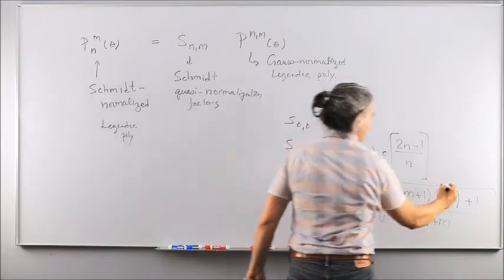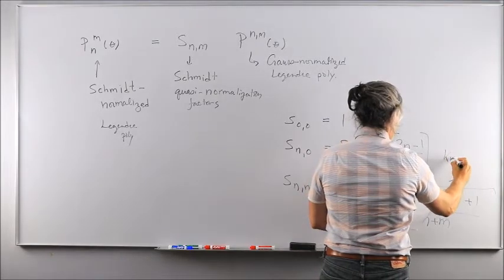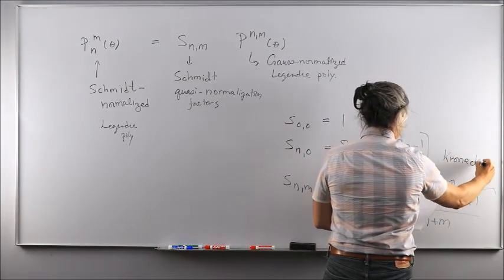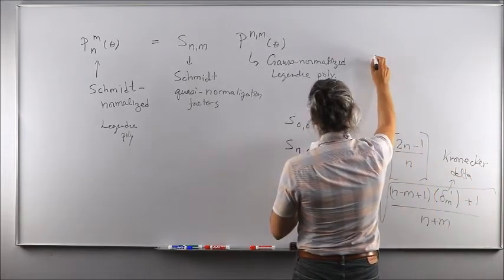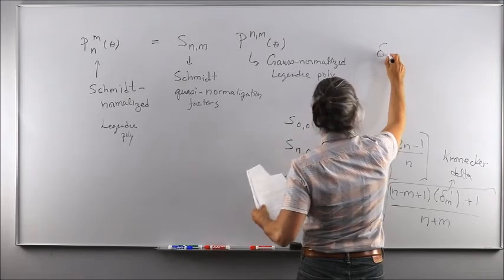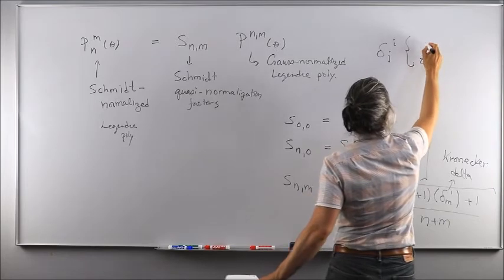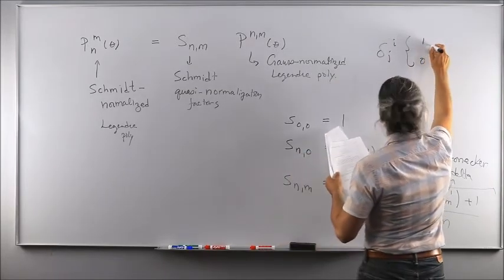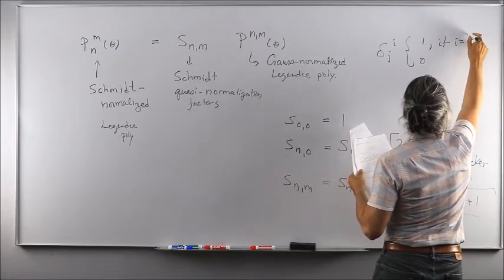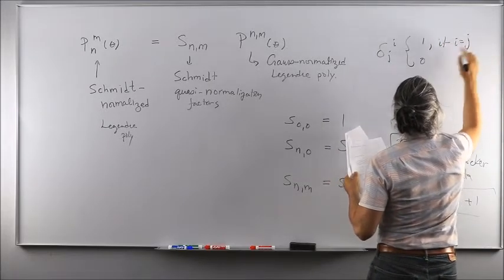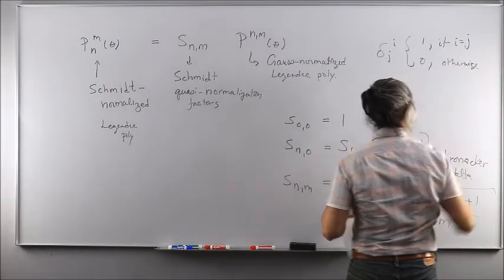Okay? This guy here is known as a Kronecker delta, like that, delta. Okay? Which is given by one of two things. It is going to be equal either to 0 or 1: 1 whenever i is equal to j, and 0 otherwise.